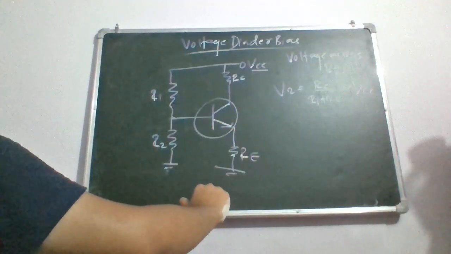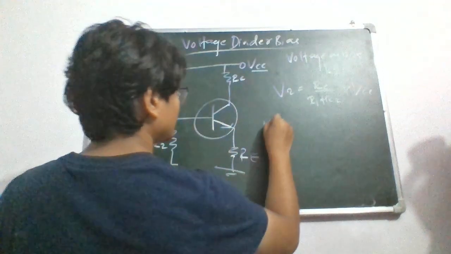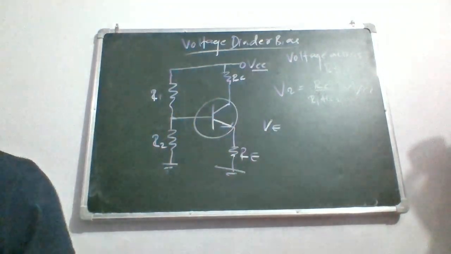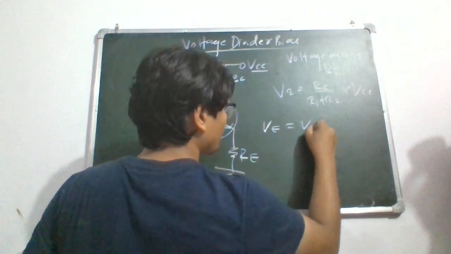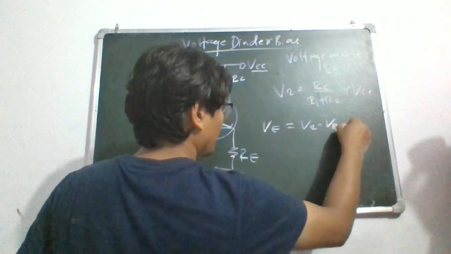Now if you try to find this VE, which is the voltage across the emitter resistor, it would be V2 minus VBE.